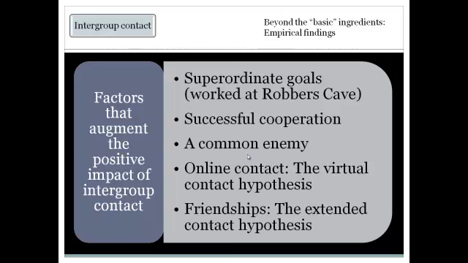Okay. Online contacts. The contact does not necessarily even have to be face-to-face. You can have virtual contact as well, having these conditions that can reduce conflict. Finally, developing friendships is where you can develop long-term relationships with members of another group, and that paves the way for a longer-term solution to intergroup conflict problems.